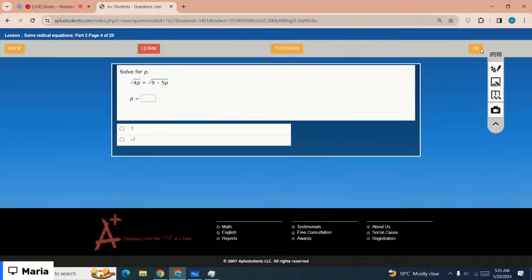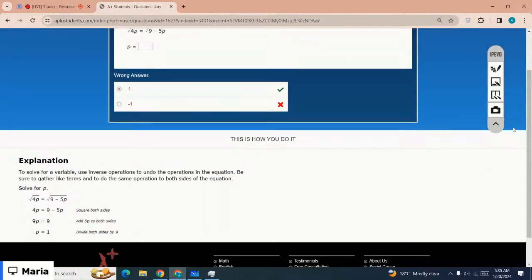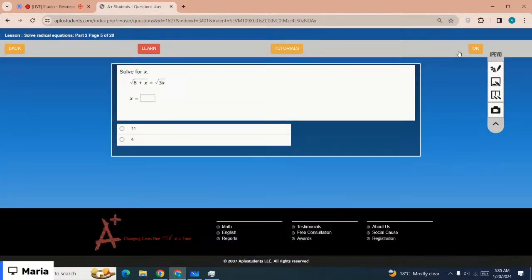Yes, that is p equals negative 1. The correct option is negative 1. Sorry, I made a mistake. That is p equals negative 1.